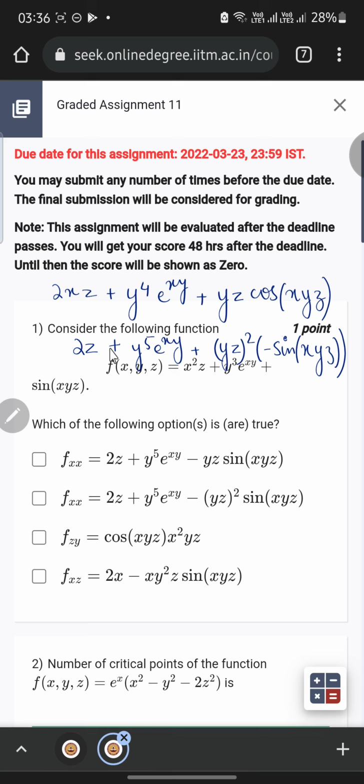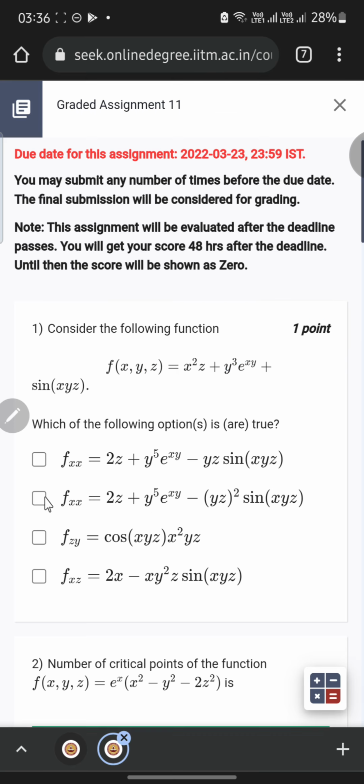After opening it, this goes for this, but unfortunately this is not z square, so the first option will be discarded and we will go for the second option. This minus sign comes here, so it will be minus. This was the first option, so I'll be discarding the first option here.